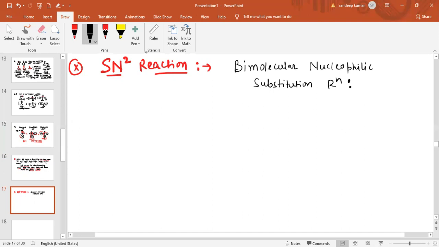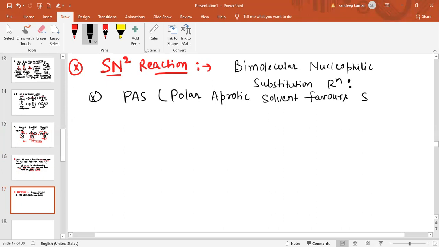Now see, we already know polar aprotic solvent. A polar aprotic solvent always favors SN2 reaction.